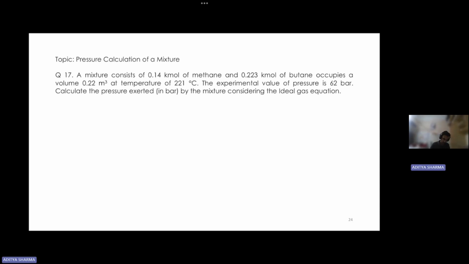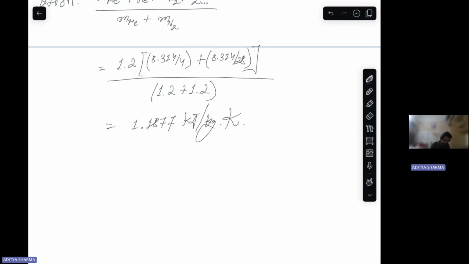So based on the ideal gas equation, let's see what we get. So the ideal gas equation we have, PV equals RT.